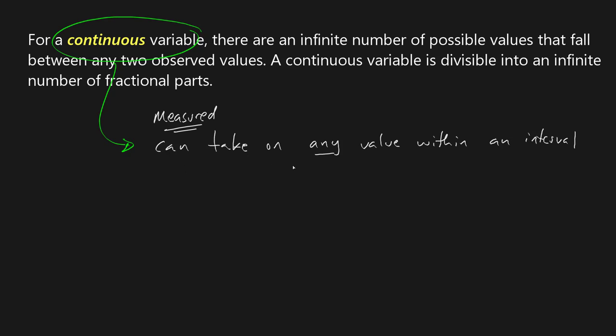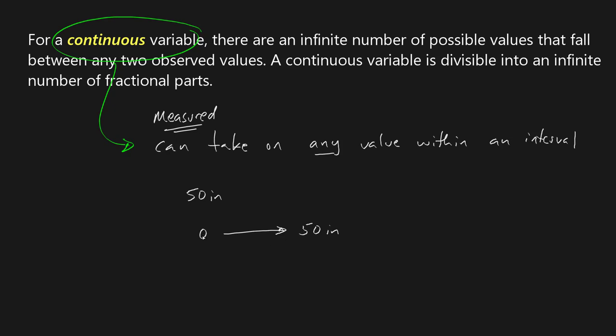Now, taking on any value within an interval, this would be something like measuring the height of a plant that's growing. Let's say a plant has a container that it can grow within. The container is, I don't know, 50 inches in height. And so the plant, as it grows, can grow from a height of 0 until it hits the top of the container all the way to 50 inches. At any given time during its growth, it could be a height anywhere between 0 and 50 inches.